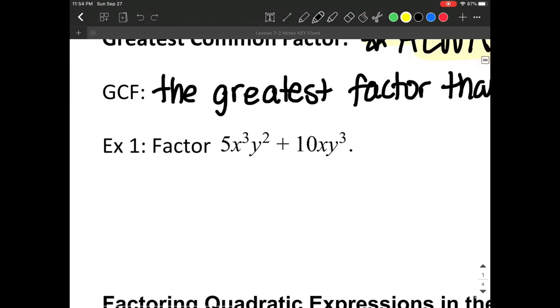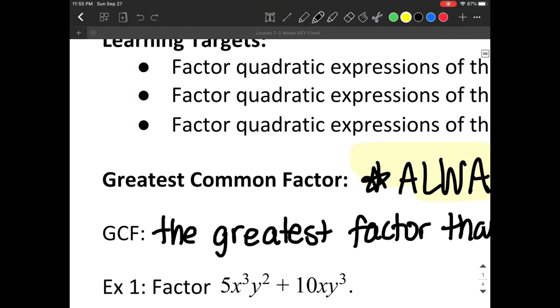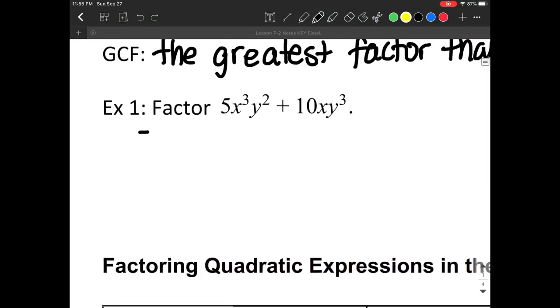Example 1. I want to factor this expression. First thing I'm going to do is break down each term in this expression into its smallest factors. So looking at the first term here, I'm going to look piece by piece. I'm going to look at the 5 first. Can I break that 5 down further? No, I cannot, because it's prime, so I leave it as 5.